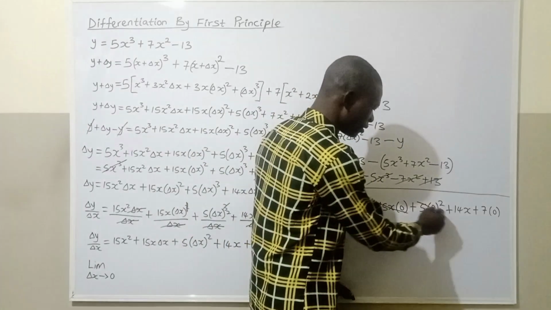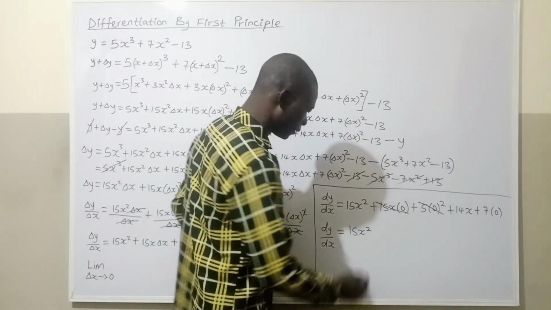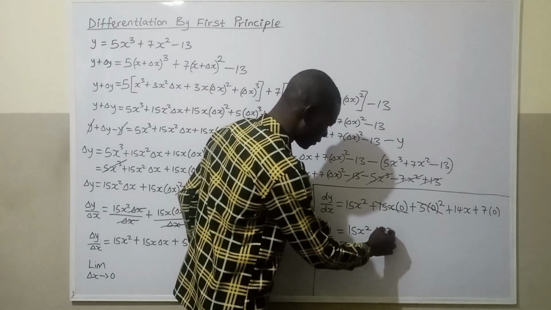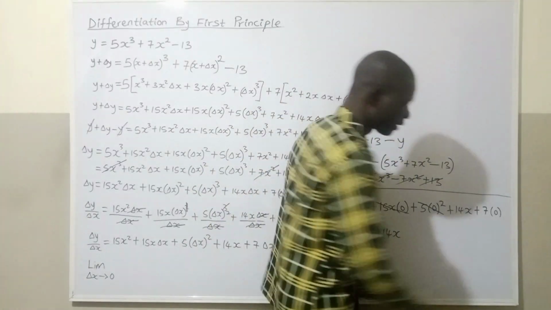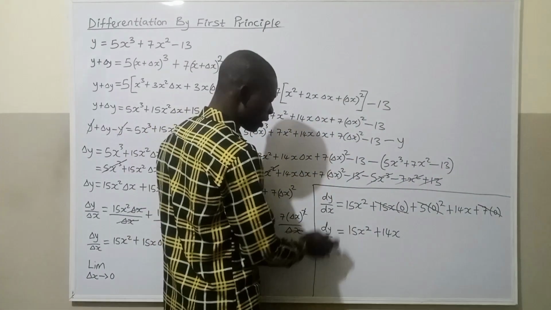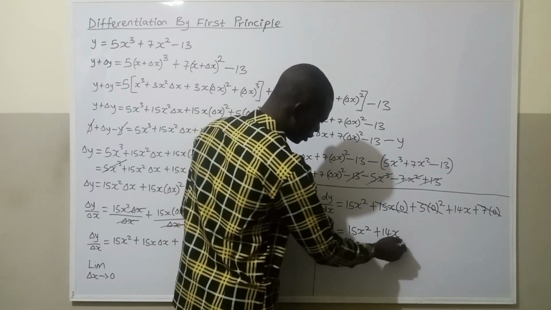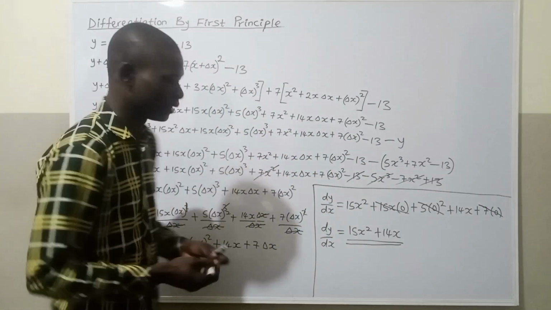So 5 multiplied by 0 is still what? 0. That has cancelled out also. Then we are left with what? Plus 14x. And then finally, 7 multiplied by 0 is also going to cancel out because it becomes 0. So dy by dx from this expression is 15x squared plus 14x.